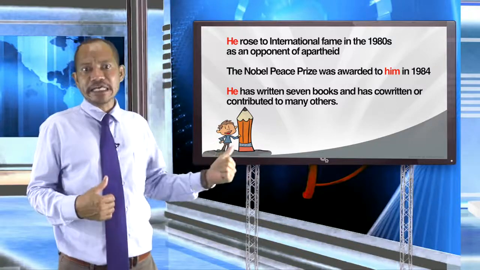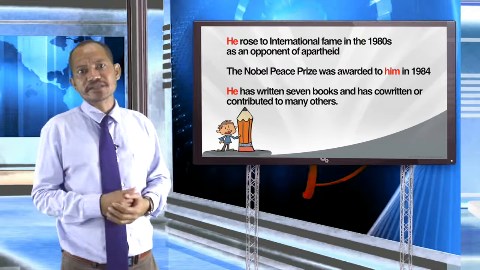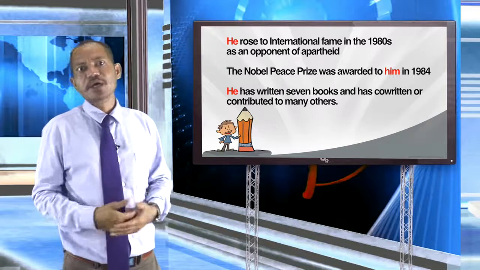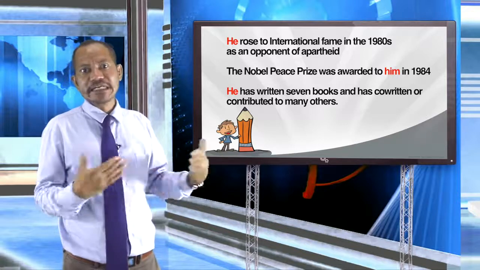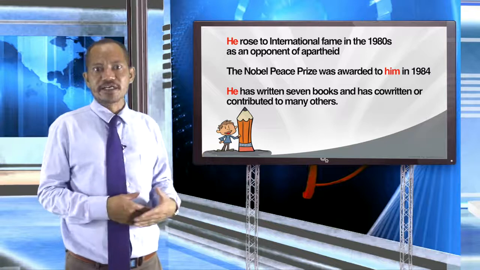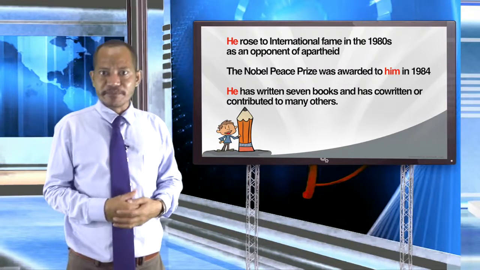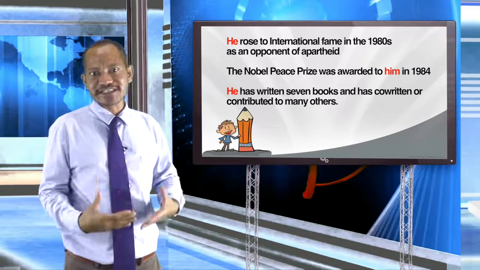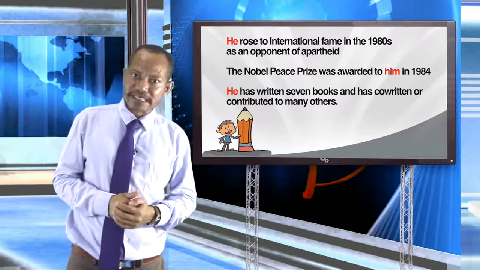The word him is also a form of personal pronoun, serving as an object form of a sentence, as in to him, and him comes after the verb awarded and the preposition to. The most important thing to remember is that an object of a sentence is always the person or thing receiving the action of the sentence.